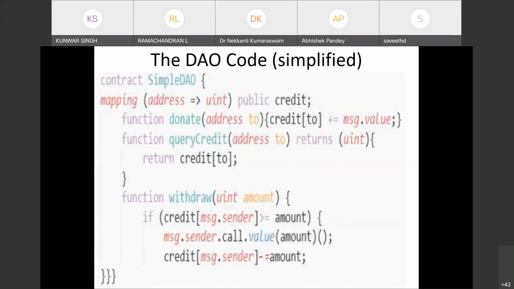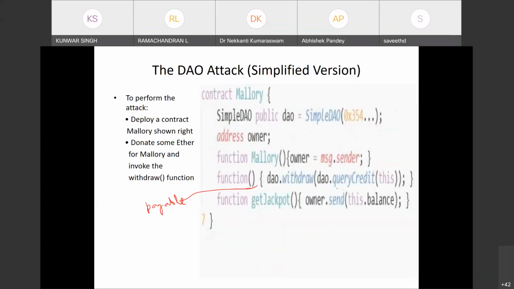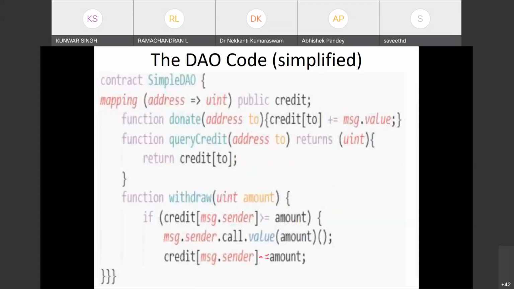Whatever amount is there in the address of the person, that much you will withdraw. So he's calling this function again, and the amount is taken from whatever the credit is in that person's address.